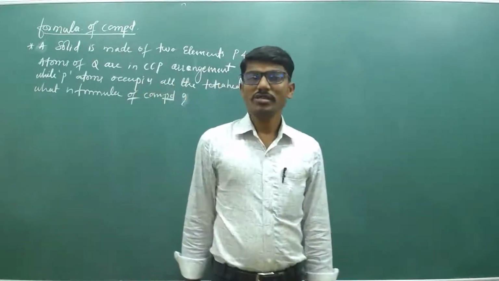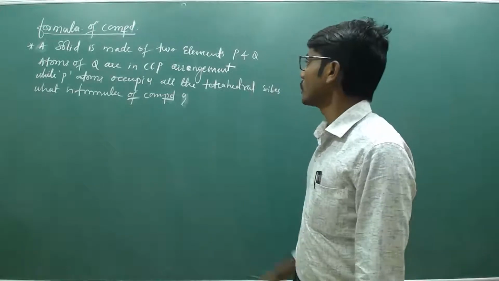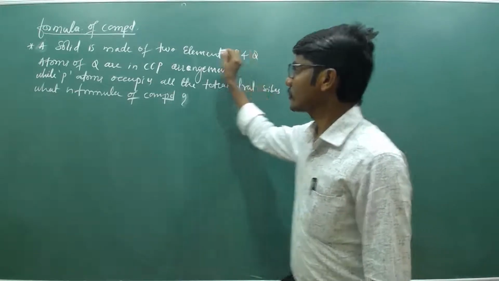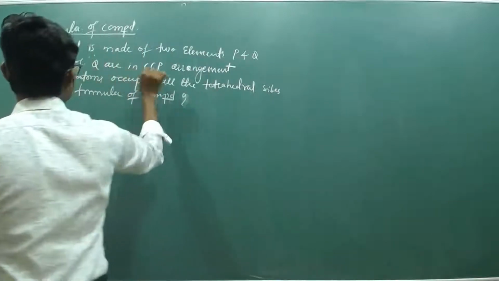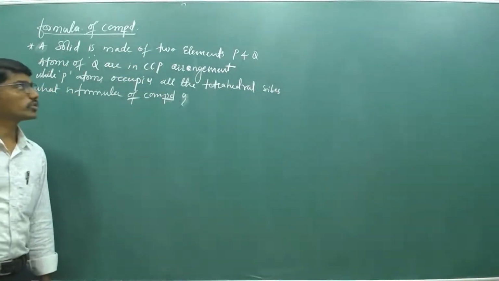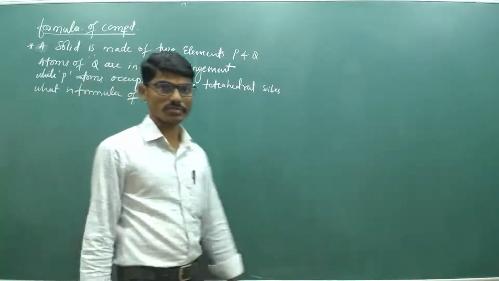So the solid is made up of two elements, P and Q, whereas the atoms of Q are in CCP arrangement, cubic close packed structure.